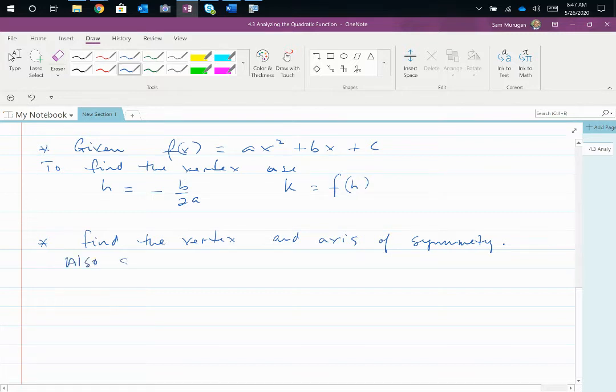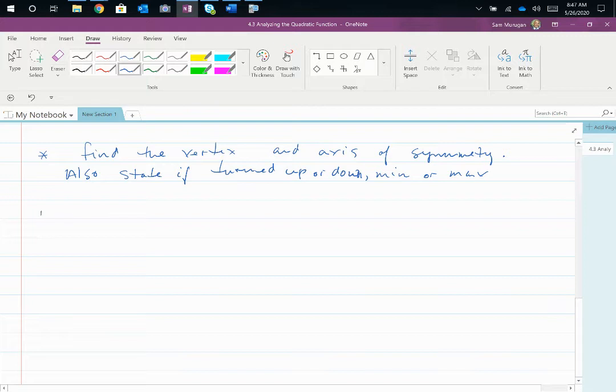Also state if turned up or down, or a maximum. So the first equation we're going to look at is f of x equals x squared minus 2x minus 3.